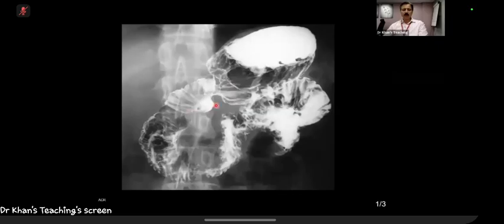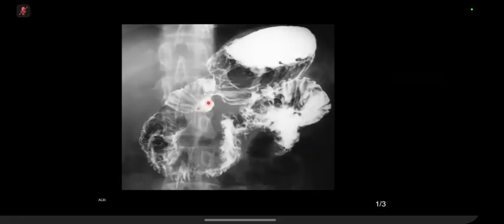In the example which I have shown you, candidate 9, what is this thing? It's an outpouching from the duodenal cap. So how will you complete the story? There could be pooling of contrast secondary to an ulcer. Excellent.